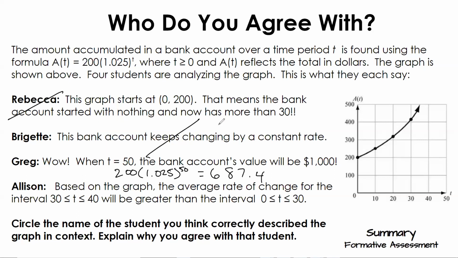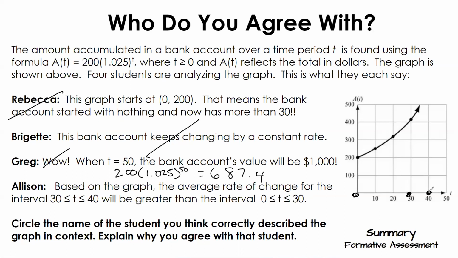Allison says based on the graph, the average rate of change for the interval from 30 to 40 is greater than the interval from 0 to 30. What is average rate of change? What's another word? Slope. So we find slope by doing y2 minus y1 over x2 minus x1, right?